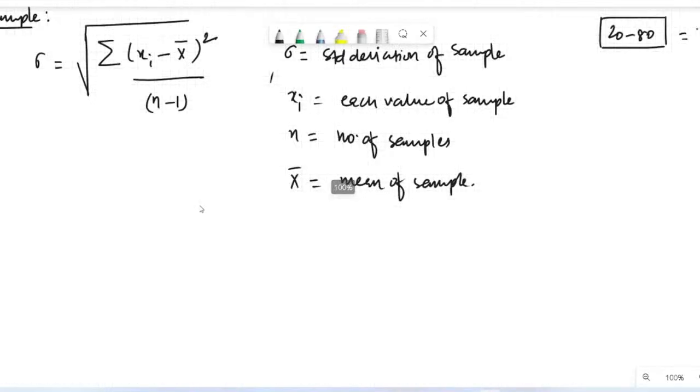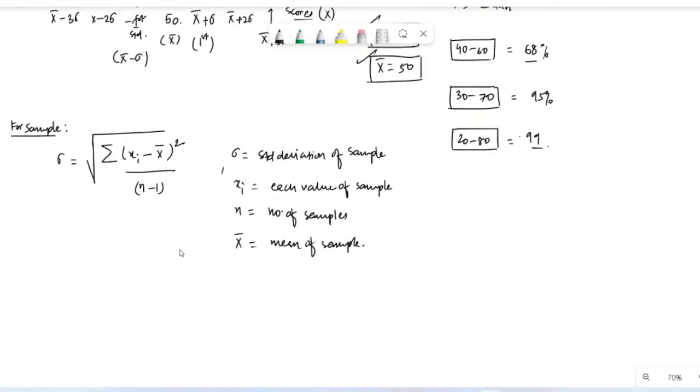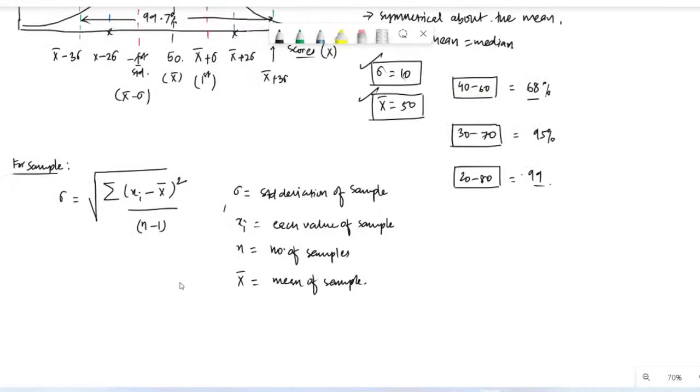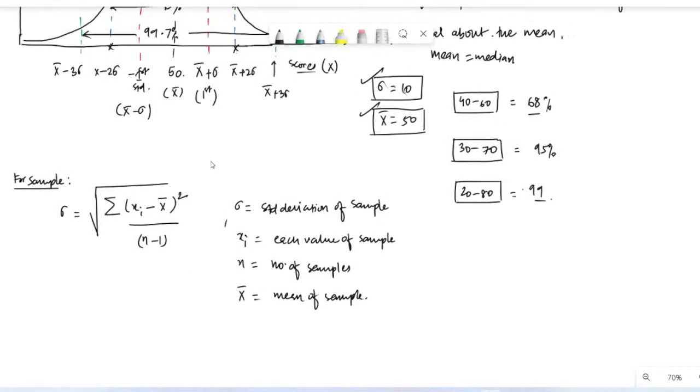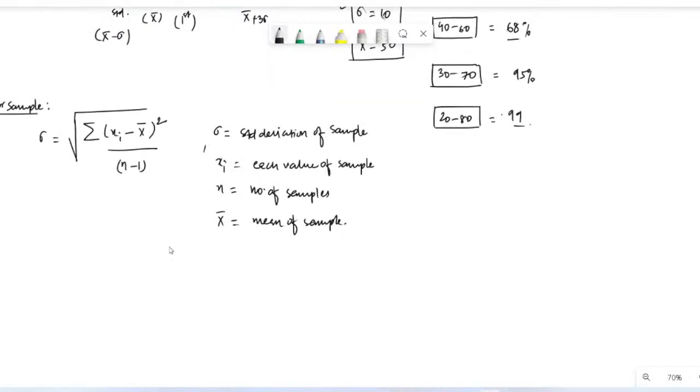Okay, so this is how the values look. Now we can see here that my value of the standard deviation looks like this. Next is variance. The relation between the standard deviation and variance is that variance is sigma square, and it will be represented in this way.